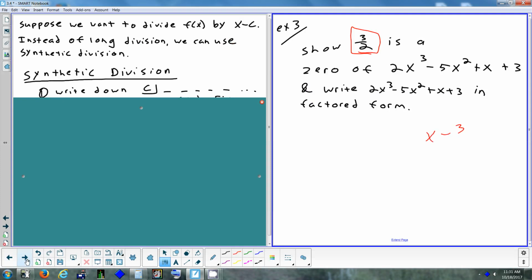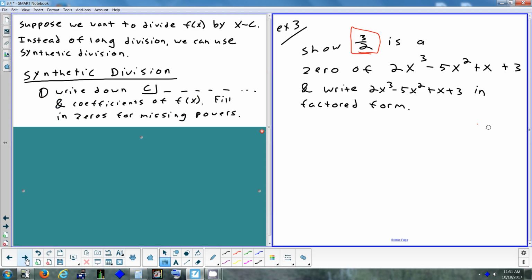So what I'm really going to show is that x minus 3/2 is a factor. And by showing x minus 3/2 is a factor, that indirectly proves 3/2 is a root. That's how you always do this kind of problem. Now, to show something is a factor, I do division, and I hope for a remainder of 0. So that's what we're going to hope for.